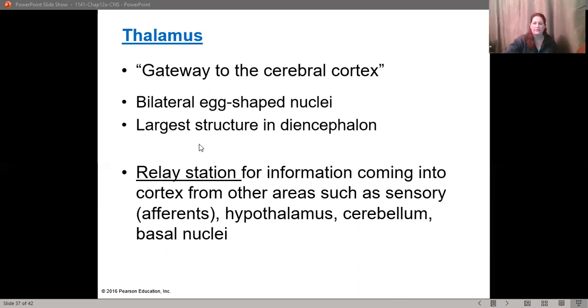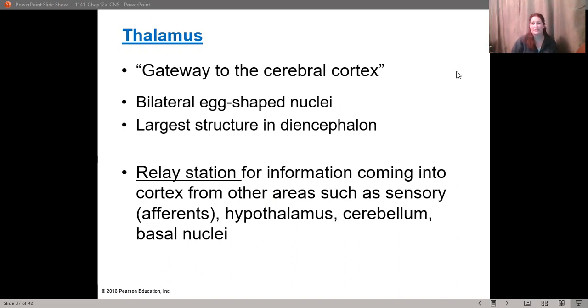It's going to sort and edit information before sending it on. So if it's getting several inputs coming from, like, your right leg, so it needs to go to that part of the primary somatosensory cortex, it's going to group that and send it as a single packet of information.